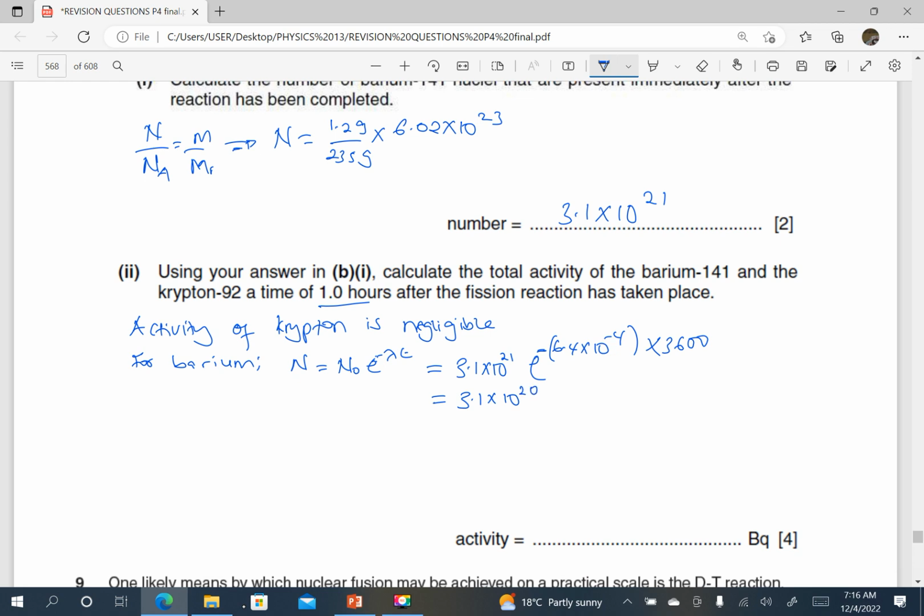Then we want the activity. The activity is equal to lambda times N, so that is 6.4 times 10 power negative 4 times the number of nuclei present, 3.1 times 10 power 20.